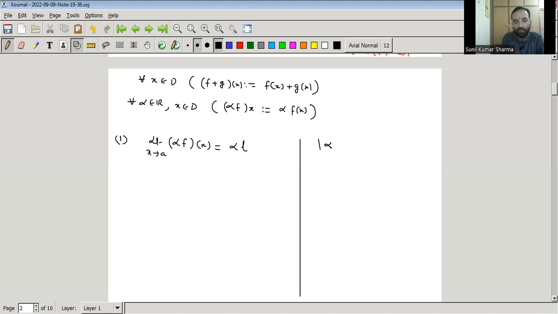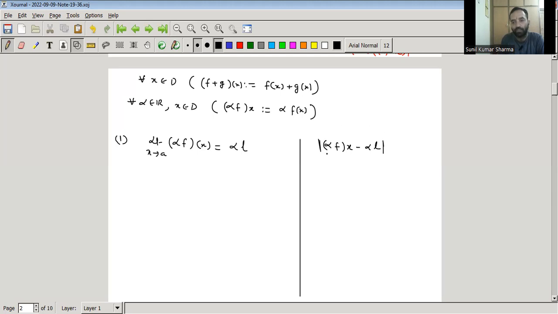We have to estimate alpha f at x minus alpha L. So we start with this. When we write a textbook proof, it is different while discussing this proof.